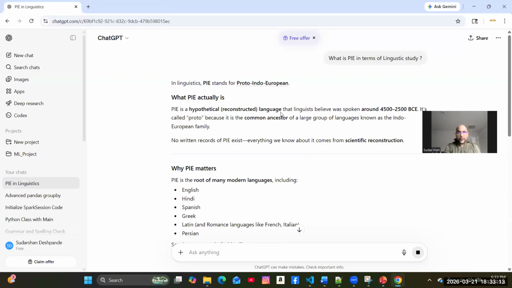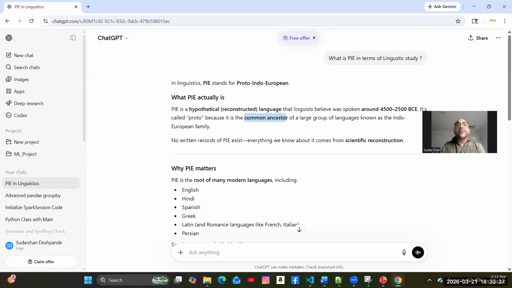Okay, so what it says is PIE is a hypothetically reconstructed language that was believed to be spoken around 4000 to 2500 before the common era. And it says proto, that means it's just a common ancestor.